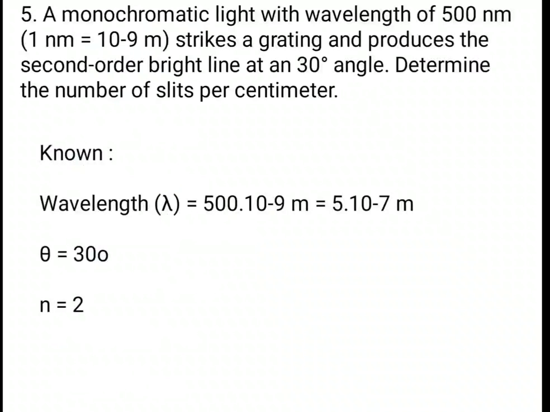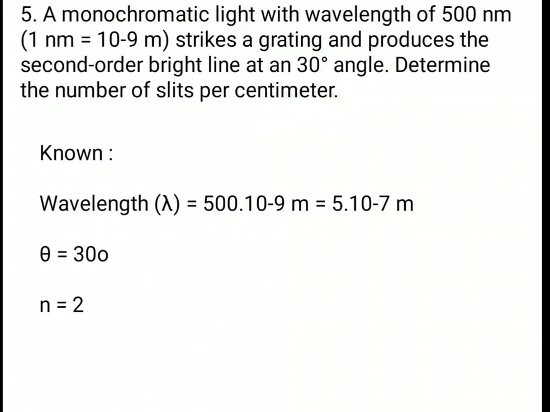Another problem. A monochromatic light with a wavelength of 500 nanometers, that is 1 nanometer is equal to 10 power minus 9 meters, strikes a grating and produces the second order bright line at an angle of 30 degrees. Determine the number of slits per centimeter.